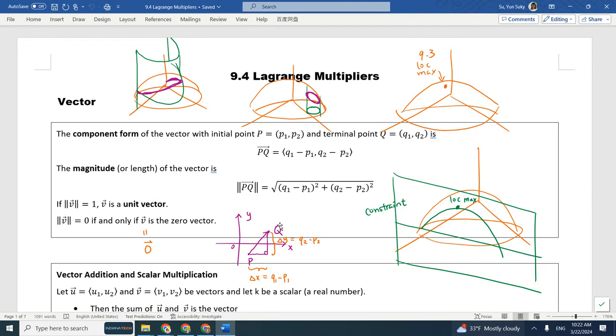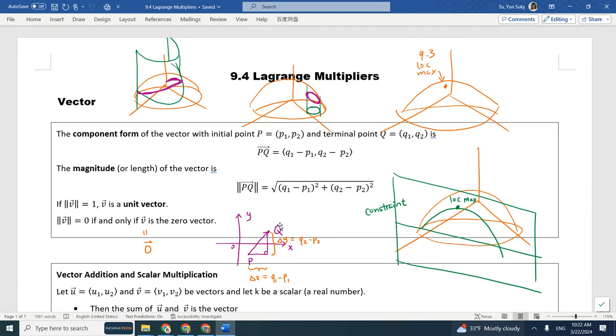In 9.4, you have a surface and you also have a constraint. The constraint is a function on the xy plane. So for example, like this, look at the surface. If your constraint is a line, it's like you cut the surface and you get a curve, right? So you want to ask, within this constraint, what is the maximum or minimum of this curve?